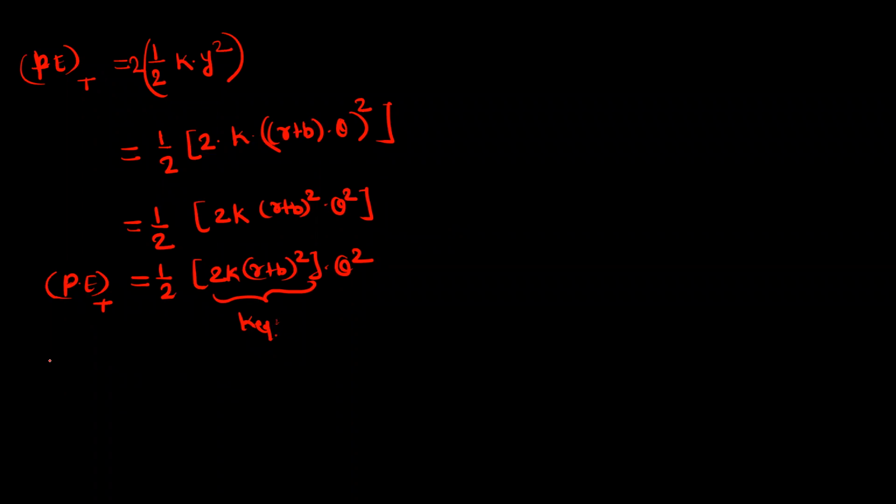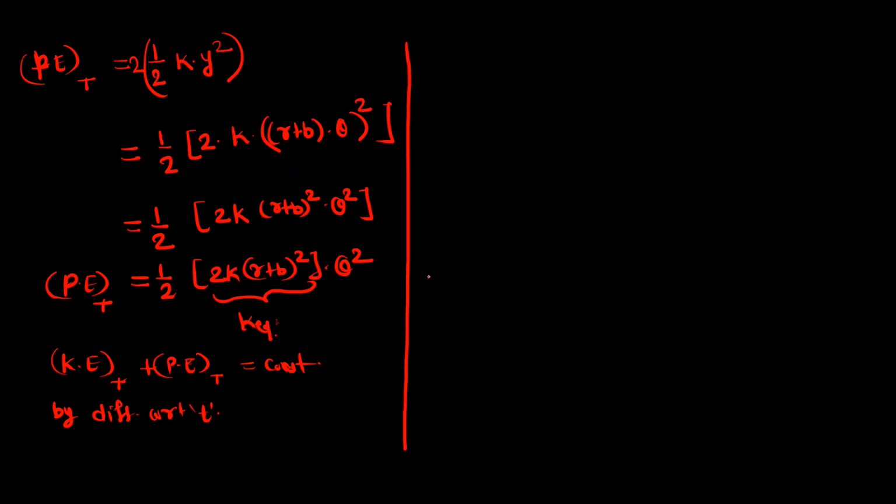Now you can differentiate the equation of kinetic energy and potential energy. This is constant. So by differentiating with respect to time, first we have to put the value of kinetic energy and potential energy. So the kinetic energy.